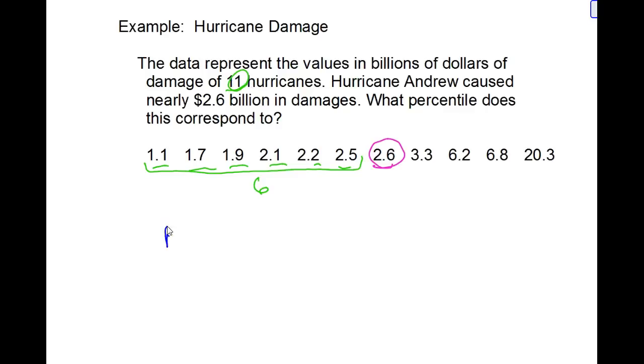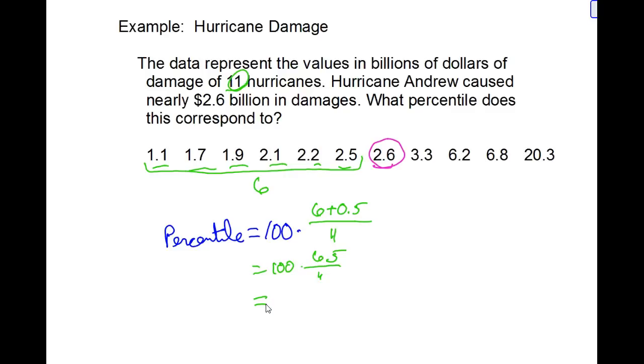So the percentile that I want to find is going to equal 100 times the number below, which is 6, plus 0.5, divided by 11, that's my total number. So I get 100 times 6.5 divided by 11. I do that math out, and I get 59.0909.